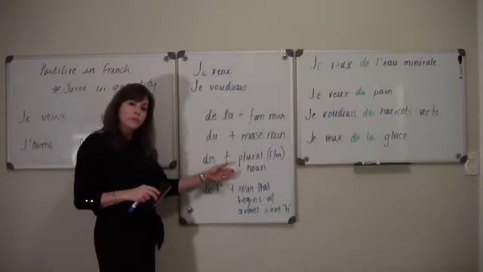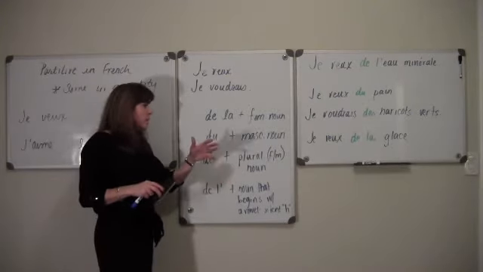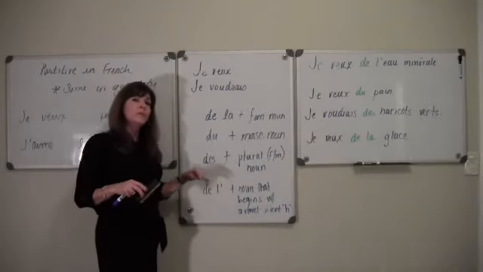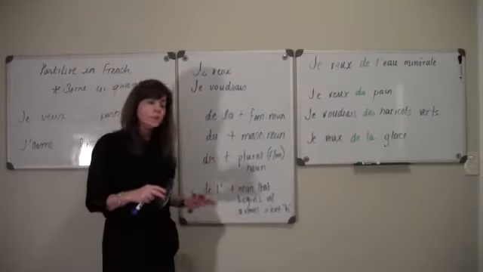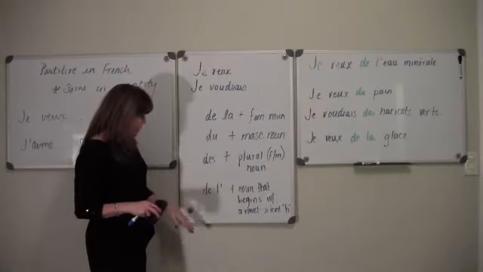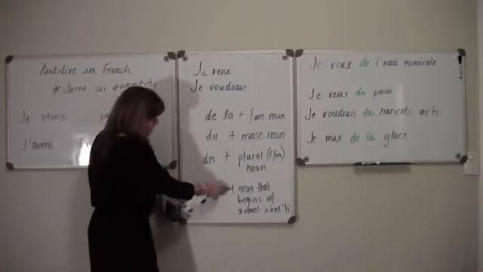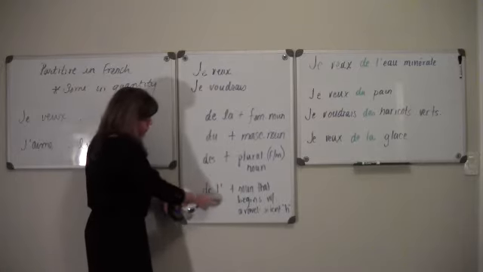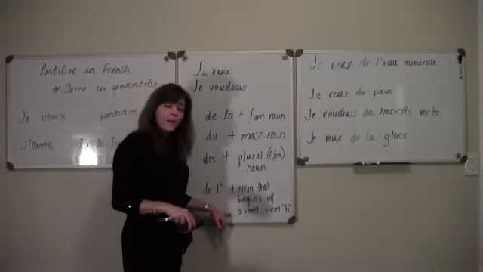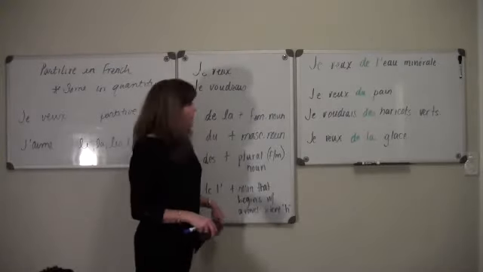I call this your gift, un cadeau. Because with this, you don't have to identify whether your noun is feminine or masculine. You just know if it's plural, you're going to use de here. And then, of course, last but not least, we have de l'apostrophe plus the noun that begins with a vowel or with a silent H.